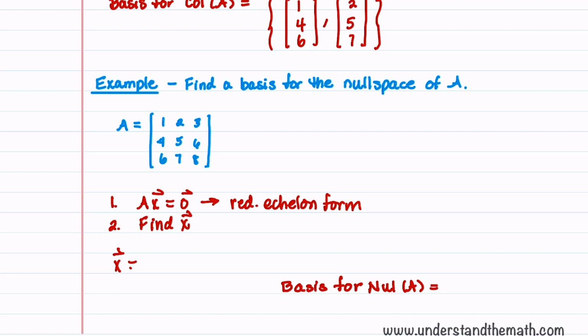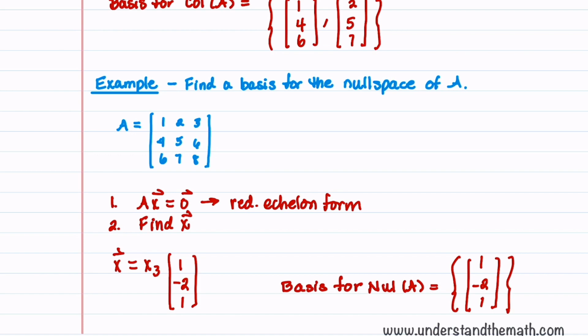We found that x is equal to x3 times 1, minus 2, 1. So our basis for our null space contains this vector, but not the free variable. So our basis looks like this: 1, minus 2, 1.